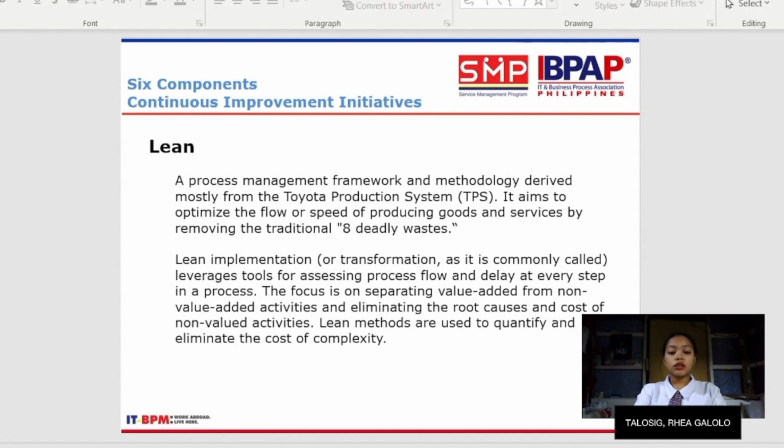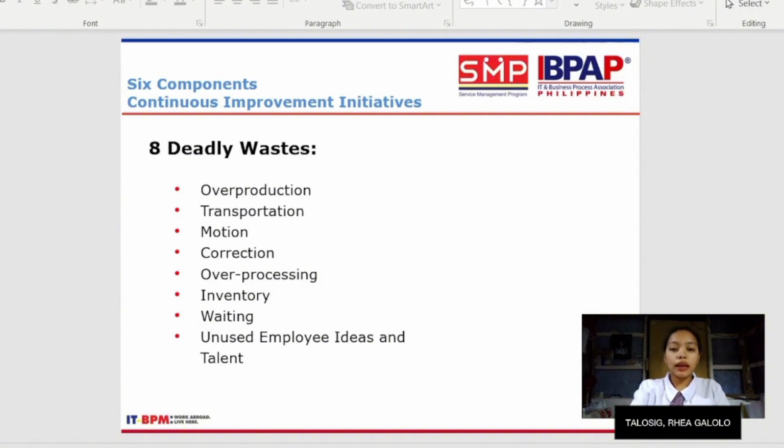It also uses tools for assessing the flow and delay of the process. Lean also identifies and separates value from non-value, and looks for the root cause of non-value-added activities. Let's talk about the 8 deadly wastes.